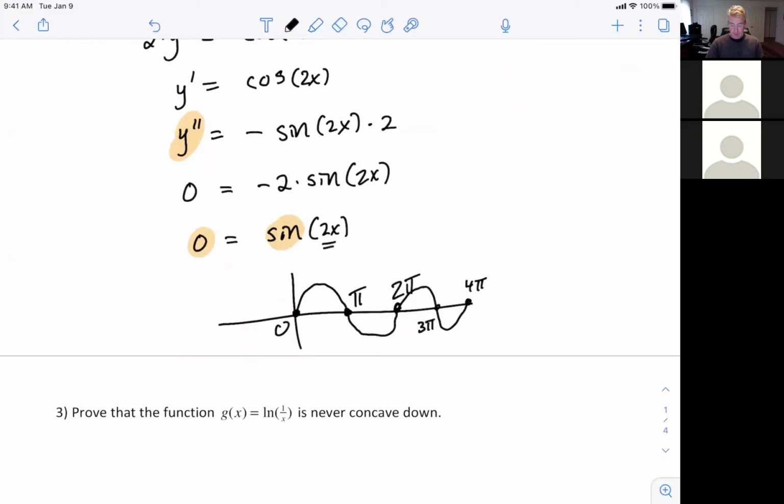Now that's just for the sine function. Now I need to pay attention to the 2x. So when does 2x equal 0, or pi, or 2 pi, or 3 pi, or 4 pi? So 2x, when does that equal 0? 2x, when does it equal pi? 2x equal to 2 pi, 2x equal to 3 pi, and 2x equal to 4 pi.